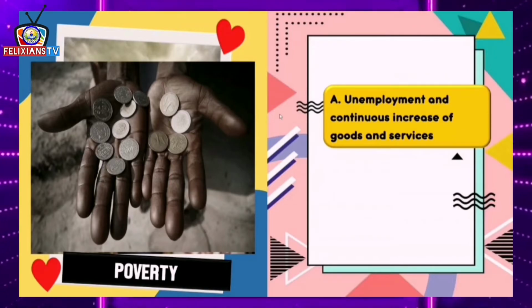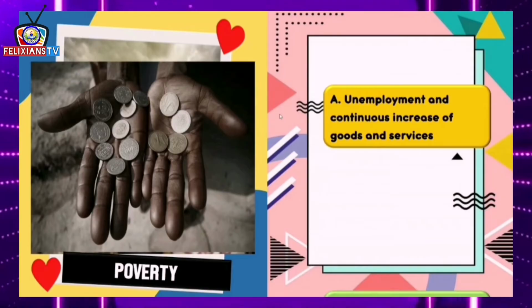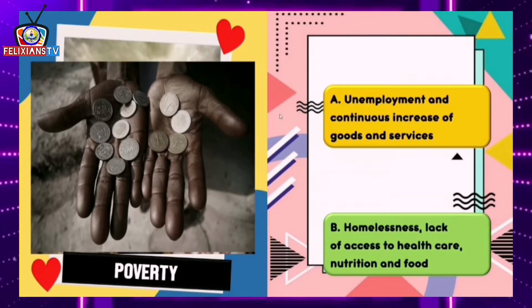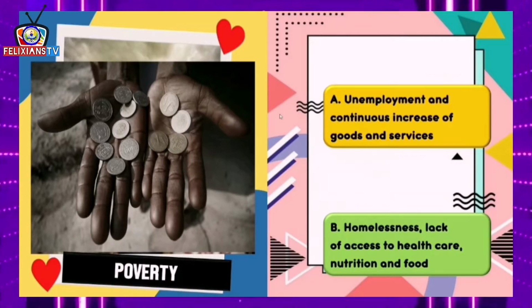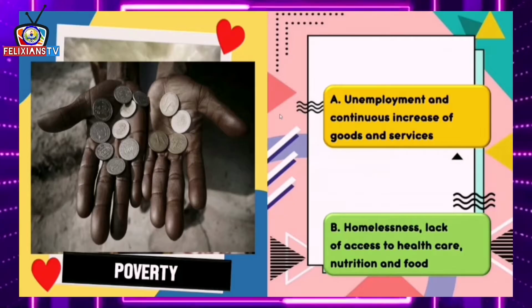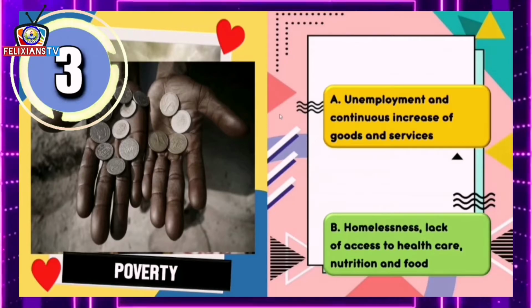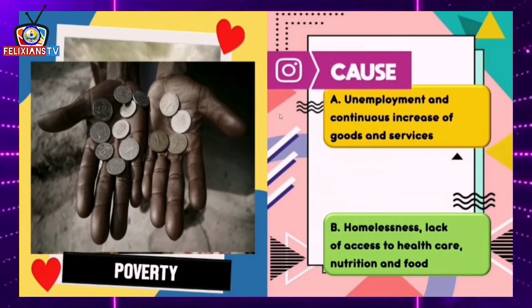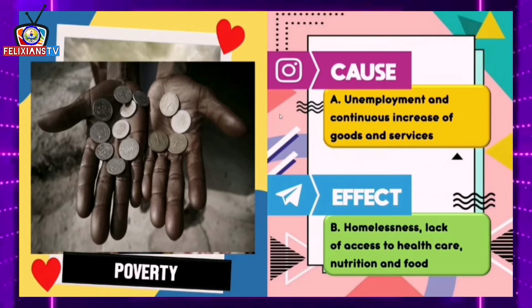A. Unemployment and continuous increase of goods and services. B. Homelessness, lack of access to healthcare, nutrition, and food. The cause is letter A, and the effect is letter B. Good job!